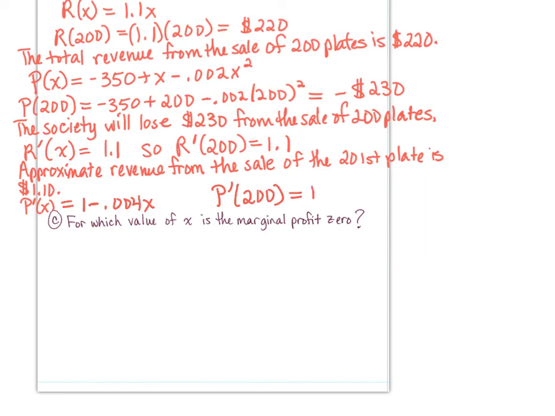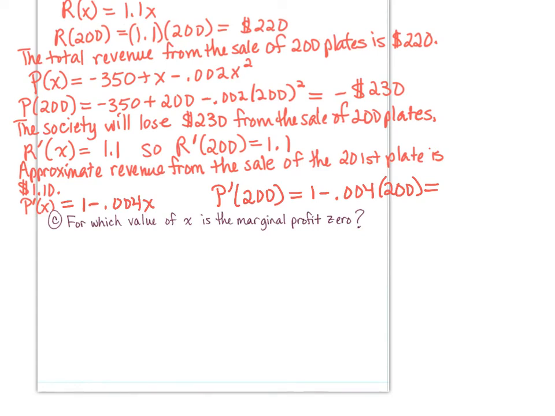So P prime of 200 is equal to 1 minus 0.004 times 200. What do you get here? When you do 0.004 times 200, you find that, and then subtract that from 1. 1 minus that gives you what? 0.2, right?